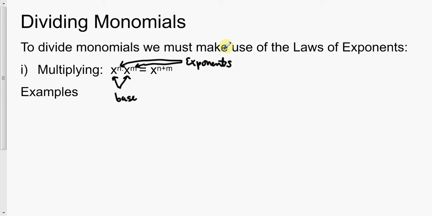If you're multiplying two variables that have the same base, then you simply add the exponents. Keep the common base, x, raised to the n plus m.